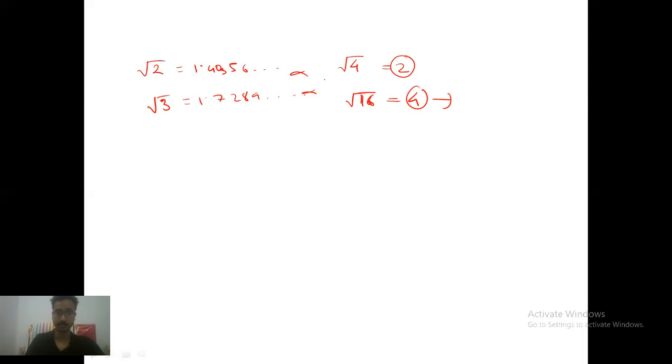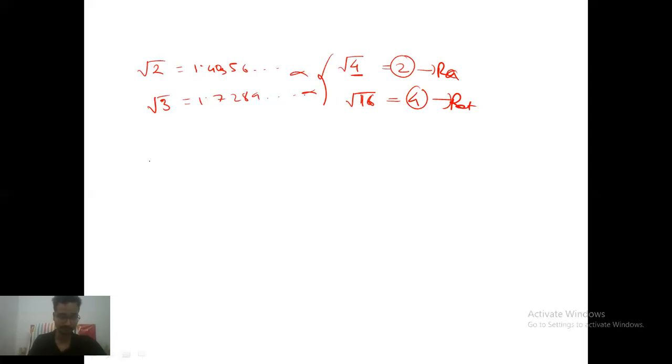Because just now I have proved it, yes or no. Because root over 4 is also a positive number, but the square root of 4 is 2, which is a rational number, and root over 16 is also a positive number, but the square root of 16 is also a rational number. Yes or no? So write down the answer. Sorry, you are asked to give an example also: if not, give an example of a square root of a number that is a rational number. So root over 4 is an example.